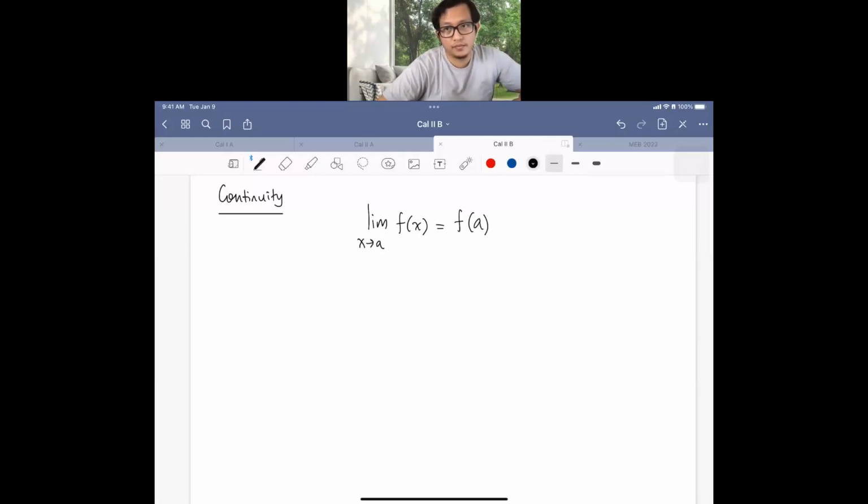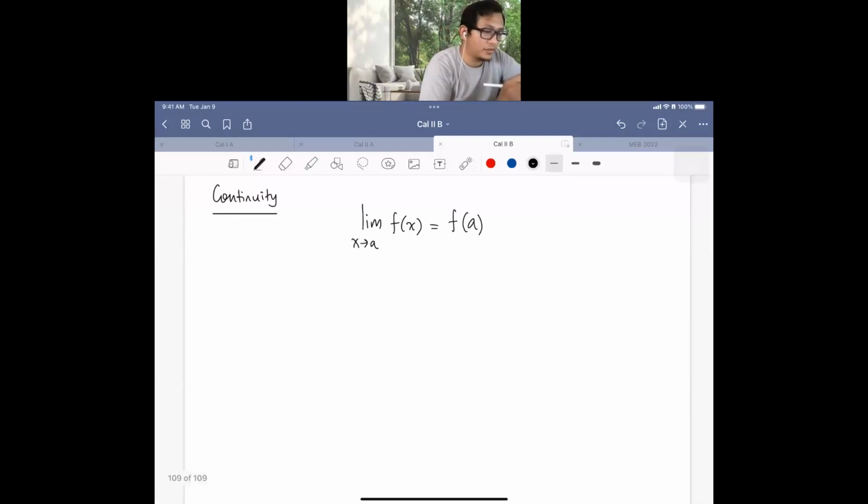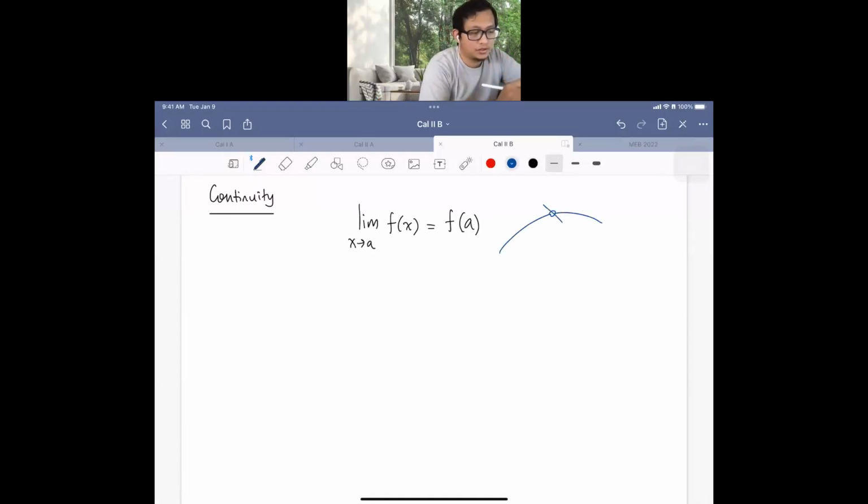Of course, if you have a hole, this will be discontinuous. So it should be perfect, without any defect in the line.